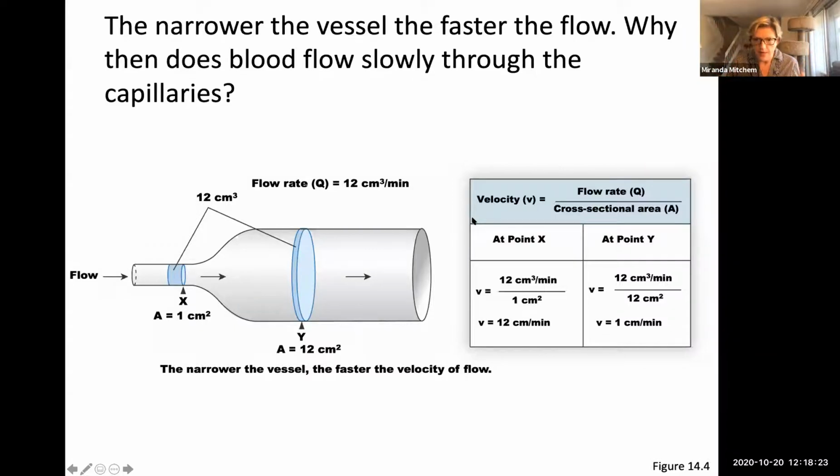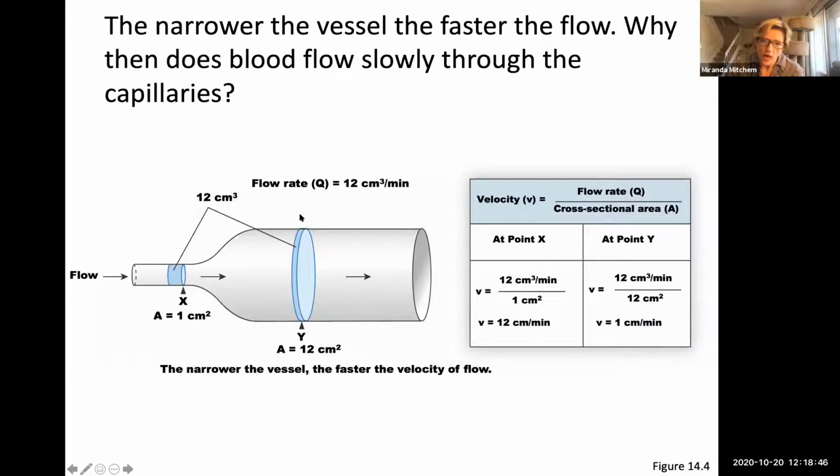Now let's plot it in. We're looking at velocity, which is flow rate divided by area. Let's plug in our numbers. At point X, we have 12 centimeters cubed per minute divided by its area, which is 1. So our velocity is 12 centimeters per minute.